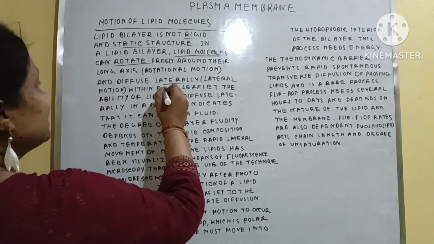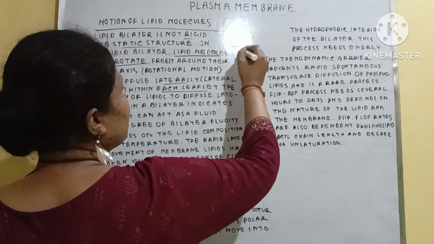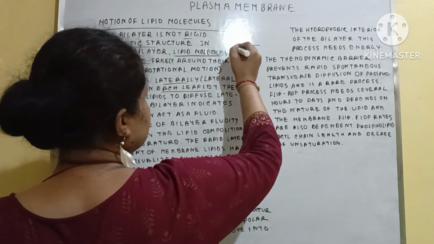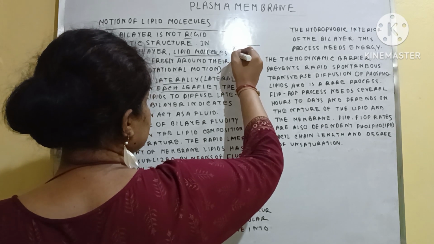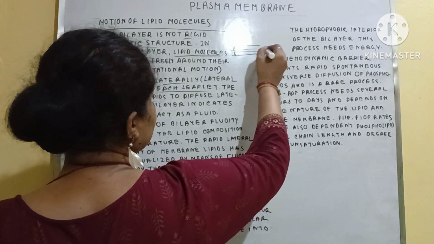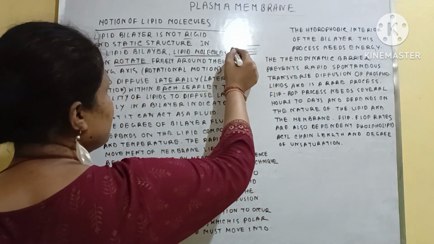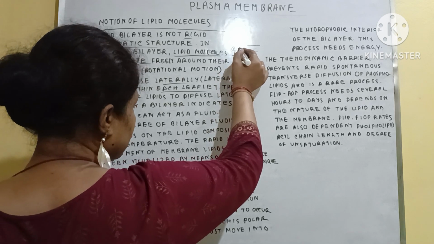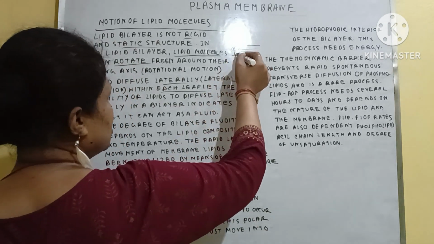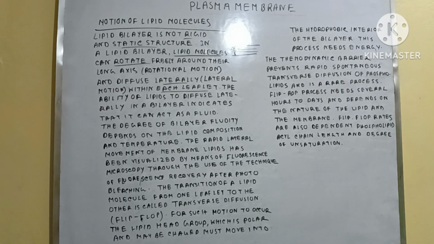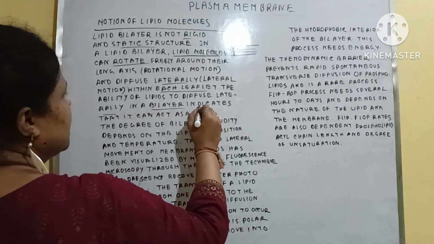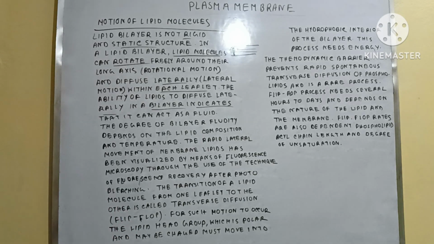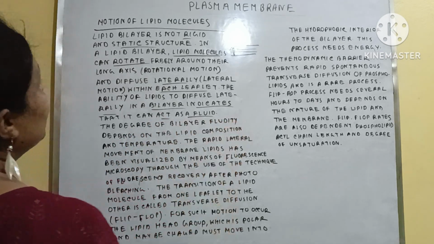Within each leaflet, this is one monolayer, this is another monolayer, with the head and the tail here, and the head and the tail there. The movement of the lipid molecules is contained within their monolayer, not easily moving across. This ability of the lipid to diffuse laterally in a bilayer indicates that it can act as a fluid.